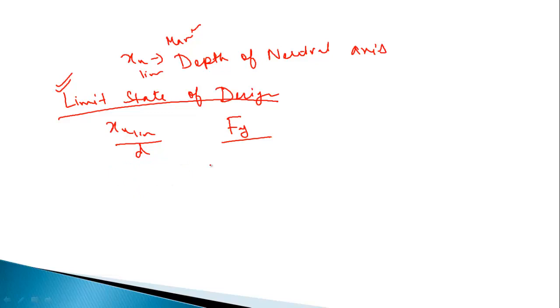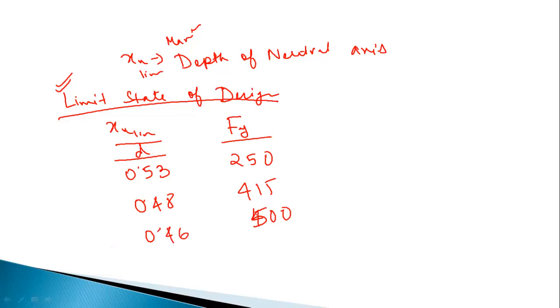For 250 it is 0.53, for 415 it is 0.48, and for 500 I think it is 0.46. These values are given in the IS code, and you have to memorize them. So Xu limit by d is 0.48 for Fe 415.